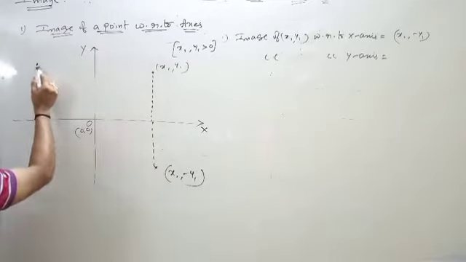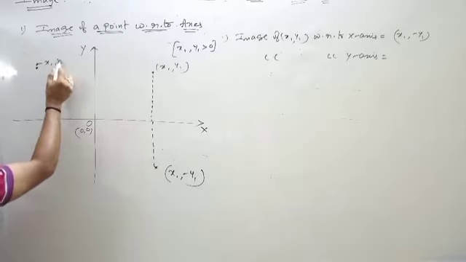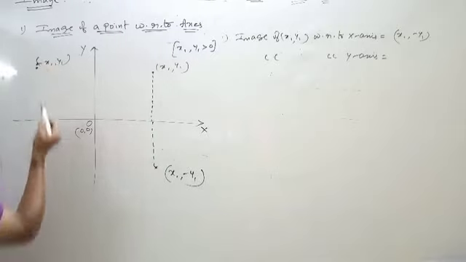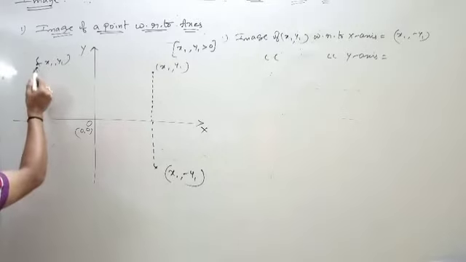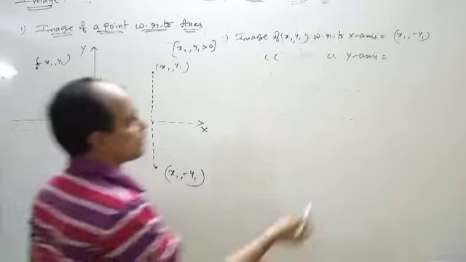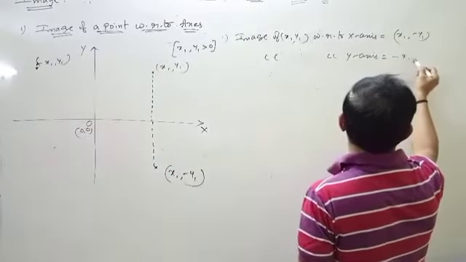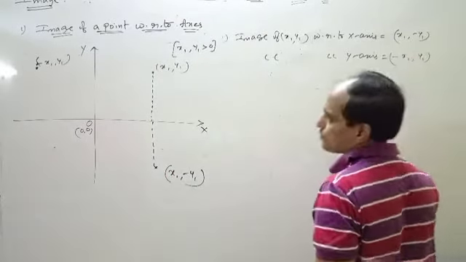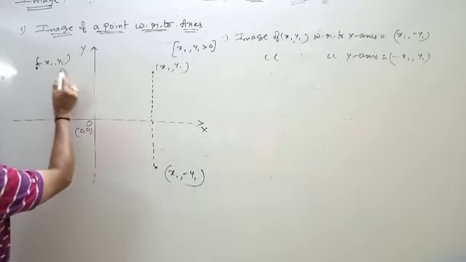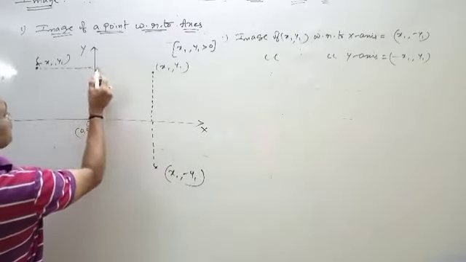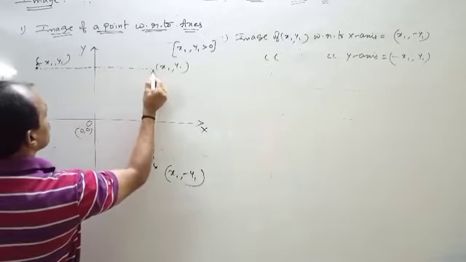What about this point? Minus x1 comma y1, because it lies in the second quadrant. And the distance here is equal to the distance here.